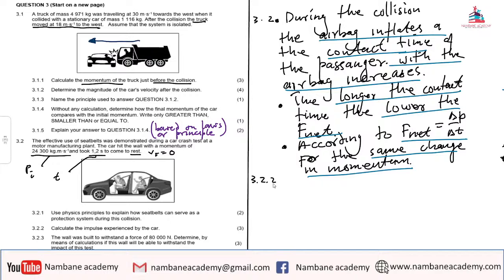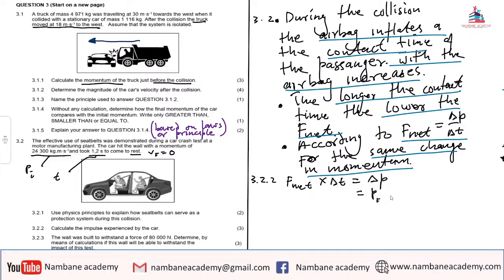3.2.2, calculate the impulse experienced by the car. We said impulse is F net multiplied by change in T, which is equal to change in momentum. But now what is this change in momentum?